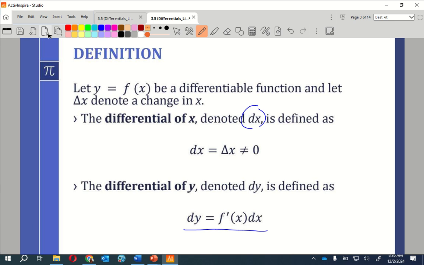So this is actually a little bit of algebra, so I'll show you what it did. I had dy/dx is equal to f prime of x, right? So that's the change. So watch this. Multiply both sides by dx and I'm left with dy is equal to f prime of x times dx.